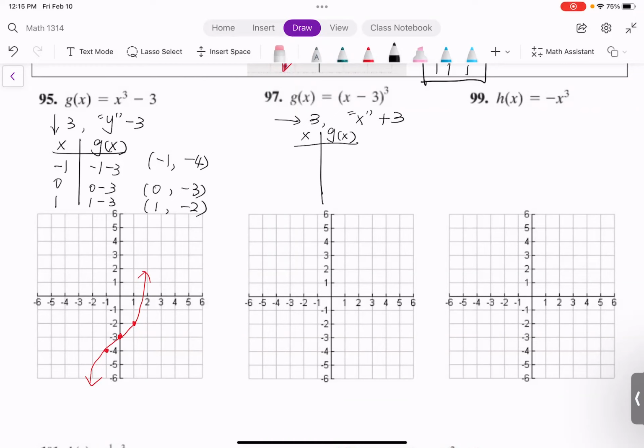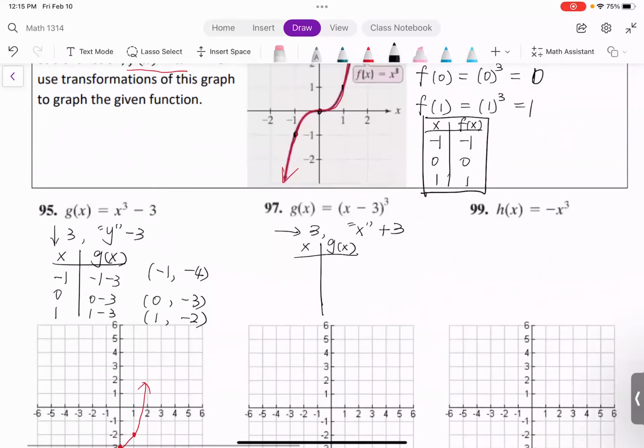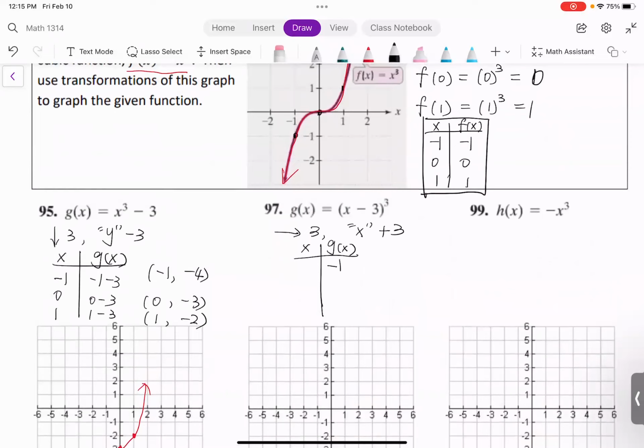Y doesn't change. We can copy all the y values: -1, 0, 1. And all the x add 3. -1 + 3, 0 + 3, 1 + 3. And what are they? They are 2, -1, 3, 0, 4, 1.